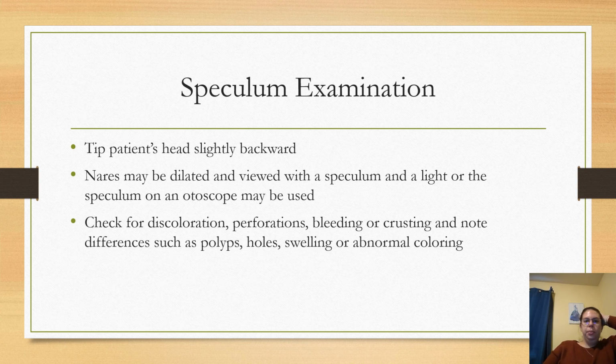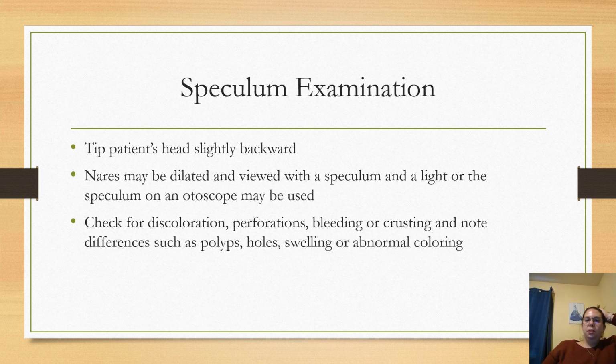But anyways, if you were to do a speculum exam for somebody's nose, you tip their head back a little bit so you can see better. I've never dilated a nares. I just normally use the otoscope with the same cover that I used for their ears.